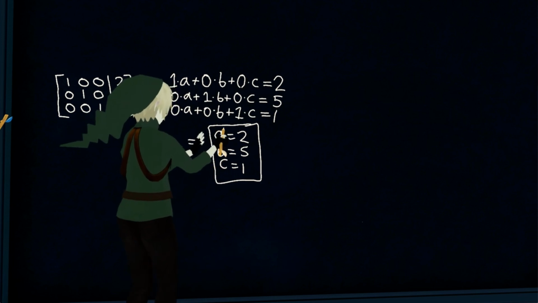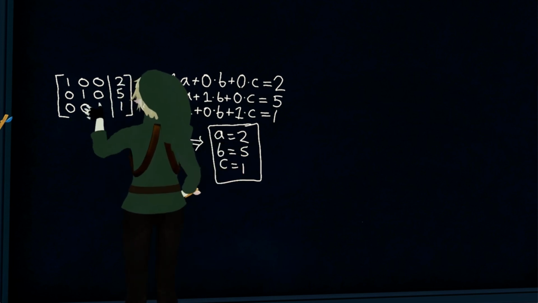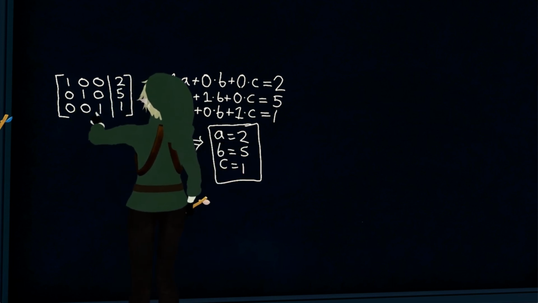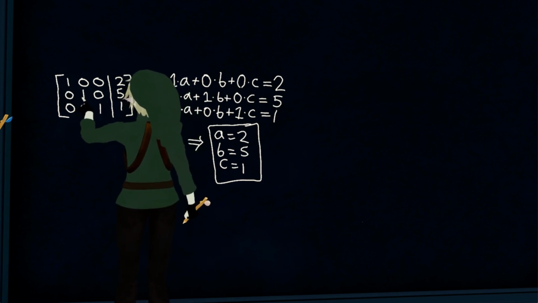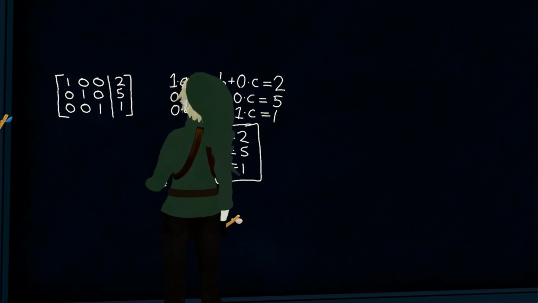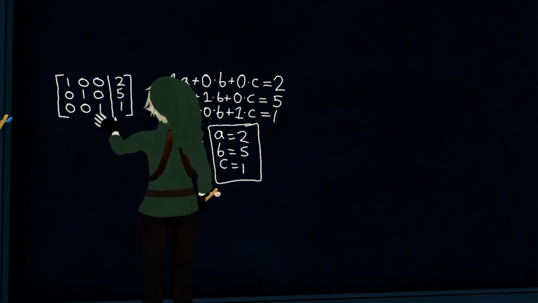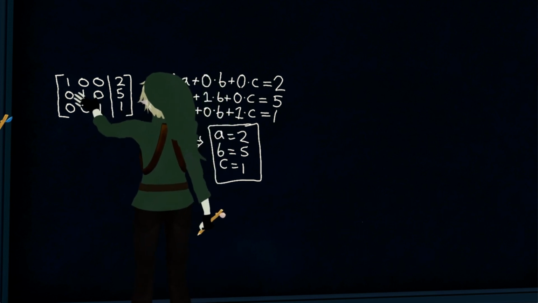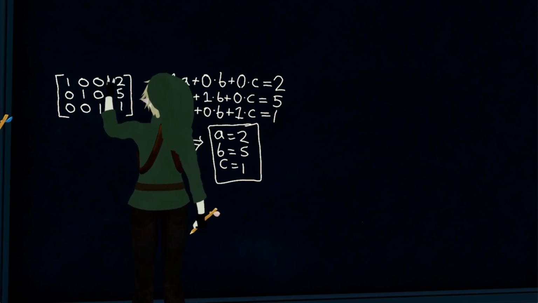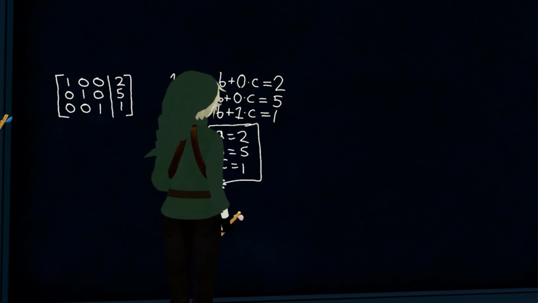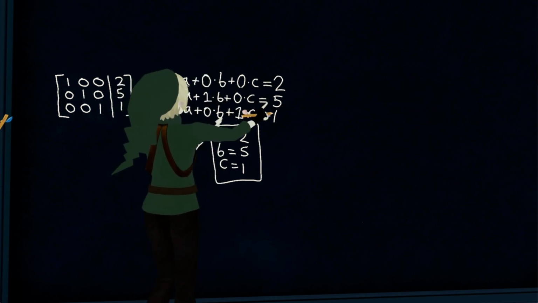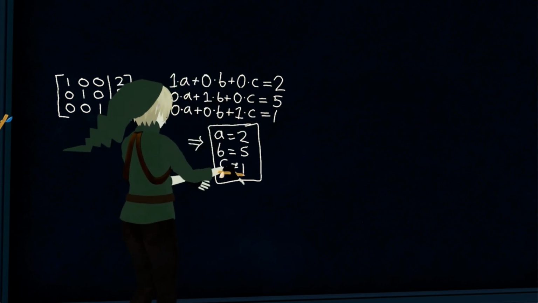Because it represents variables. This represents A, B, and C, the variables and what they equal to. This variable equals 1, this variable equals 5. Remember that in the augmented matrix, this line represents the equal signs. So turning it back into a system of equations is so much easier.